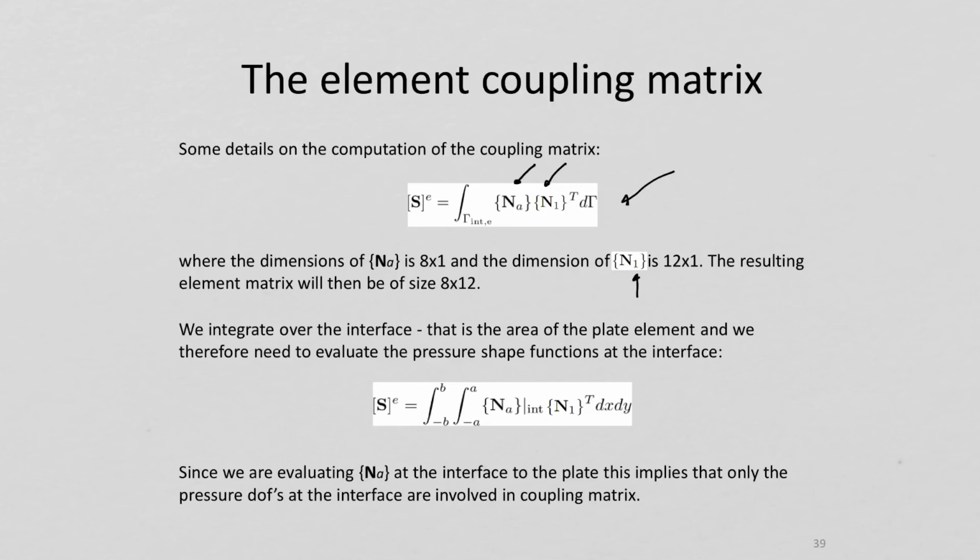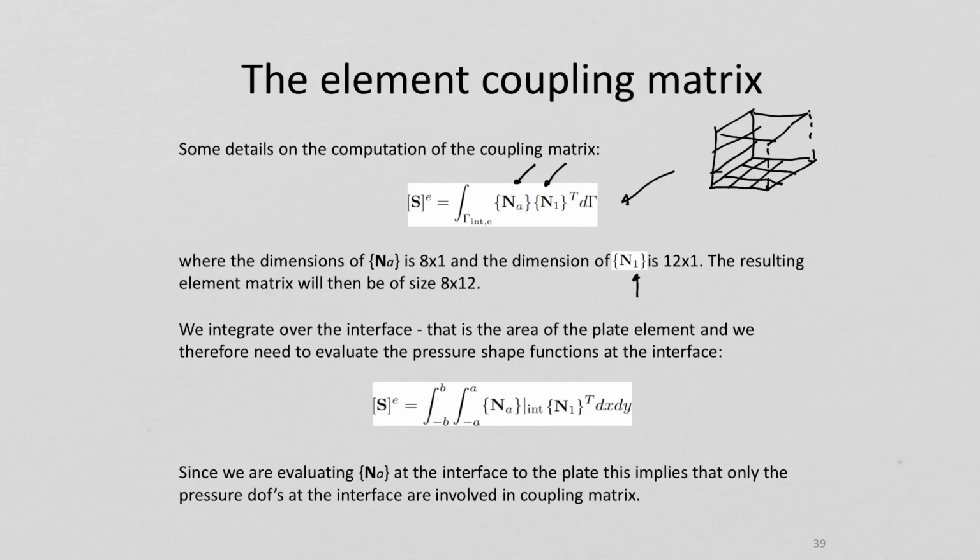In order to obtain this, we need to integrate over the interface where we have the coupling, right? So I'll try to make a drawing here. If we have a plate here, and then we have the acoustic medium, divided into elements, on top of the plate. So here we have a box of the acoustic, also divided into elements.